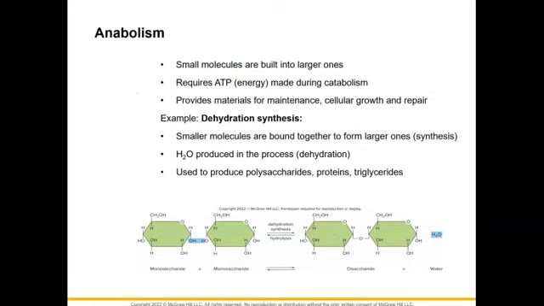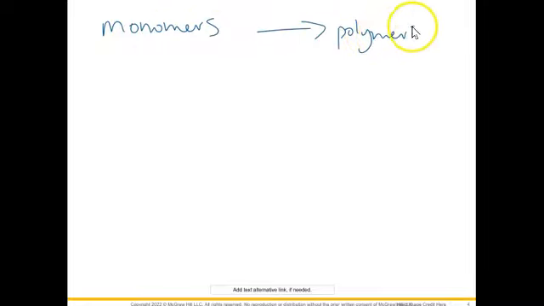We've already talked about a number of these types of chemical reactions in our previous chapter. If you remember, we talked about a bunch of different types of monomers that could be hooked together to form polymers or macromolecules.